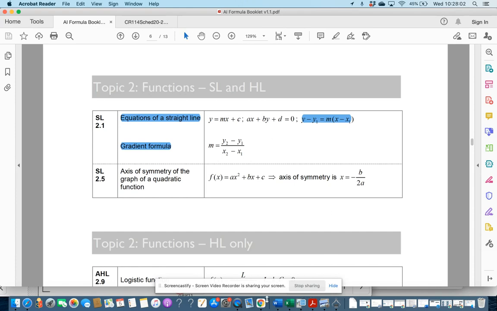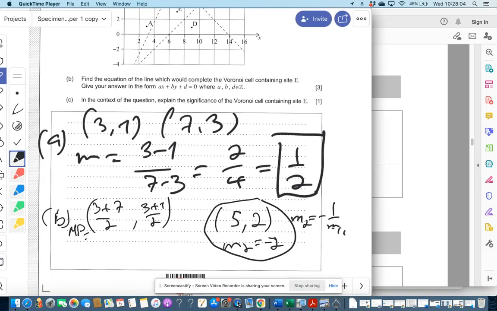Okay, and we can use either point. Sorry, it's the midpoint. So I do y minus y1, which is 2, and then I take my gradient and I do x minus the midpoint, 5.